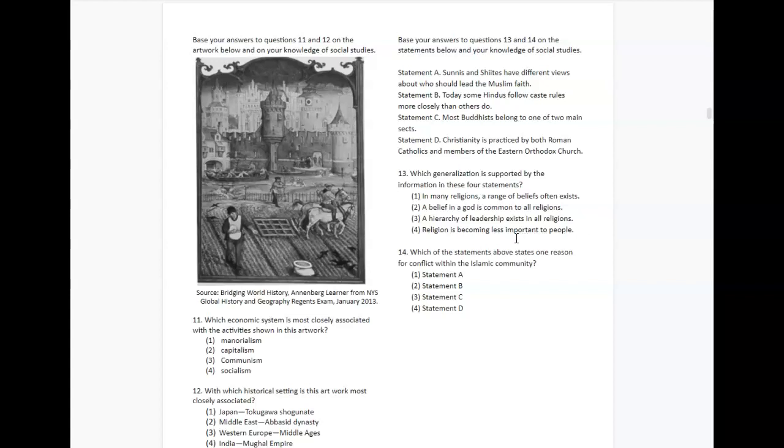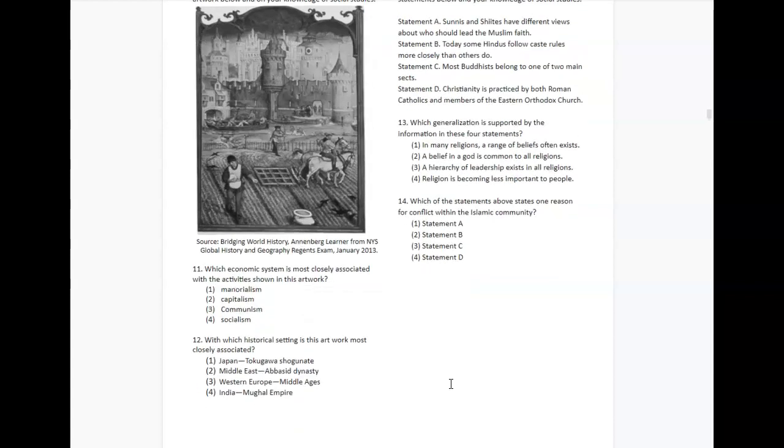Religion is becoming less important to people. Number 14. Which of the statements above states one reason for conflict within the Islamic community? So which one is dealing with the Islamic community? Statement A, B, C, or D?